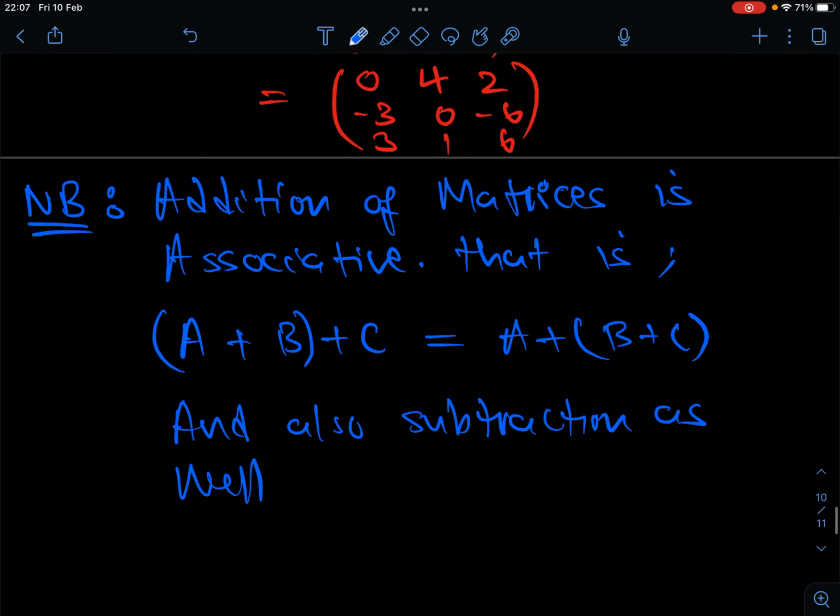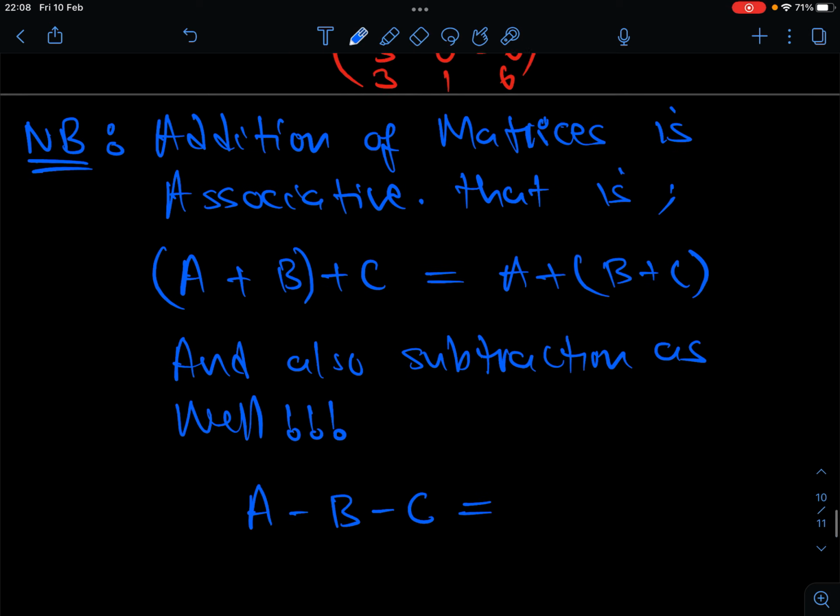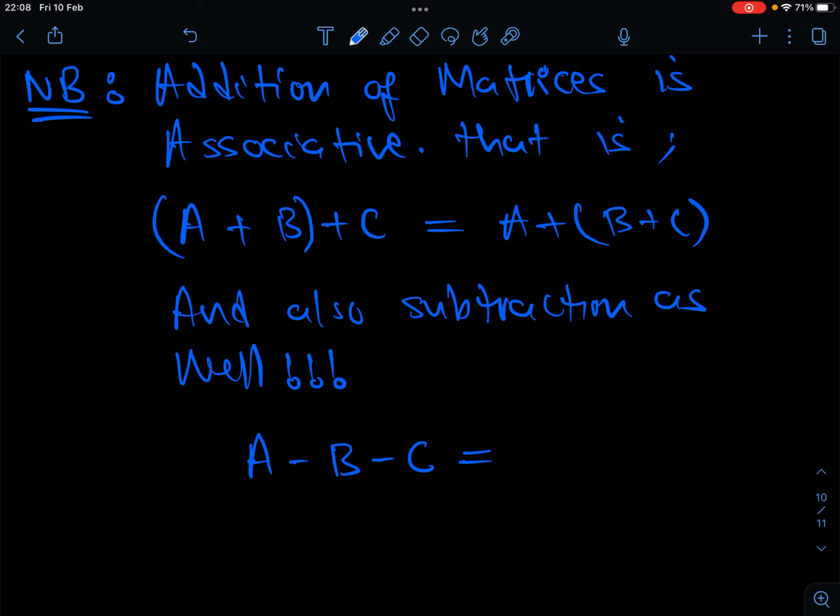You see that? So also subtraction, it's associative. So what we mean by that is that if you have A minus B minus C, it's very hard to put it in a nice form.